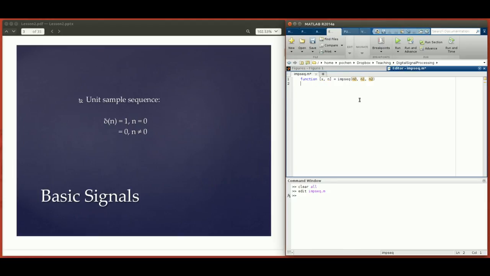Right. And now let's try to write the body of the function. The first thing we're going to do is write a comment line, for example. Let's write two comment lines. Generate x[n] equals delta[n minus n0], n1 smaller than or equal to n smaller than or equal to n2, percentage.